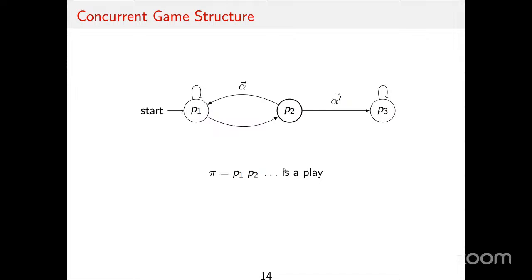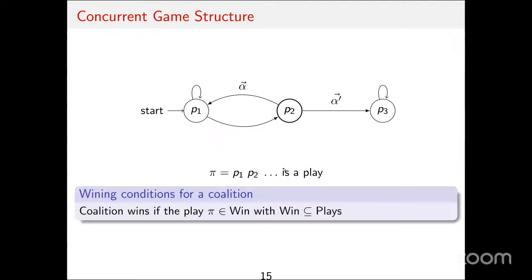So a play is a sequence of actions in the graph, or a sequence of positions, that can be transitioned in between 2 by 2. And the winning condition of the concurrent game structure is given by a set of plays.